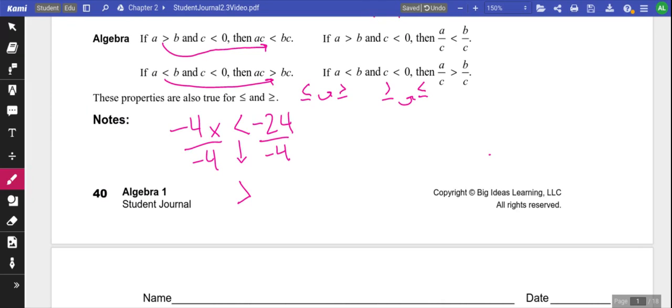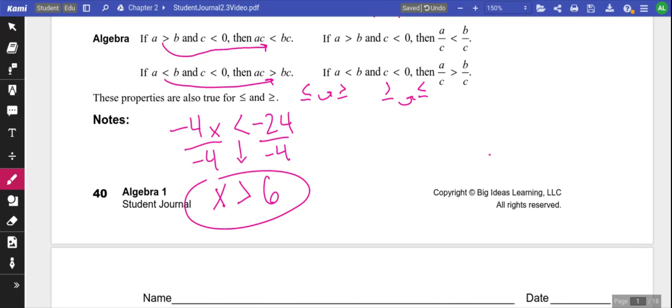If you don't do that first, a lot of times you're going to forget. So when you see you're dividing or multiplying by a negative number, the first thing I would do is flip the sign. My negative 4's cancel out, so I'm left with x is greater than negative 24 divided by negative 4, which gives me 6. That's my final answer there.